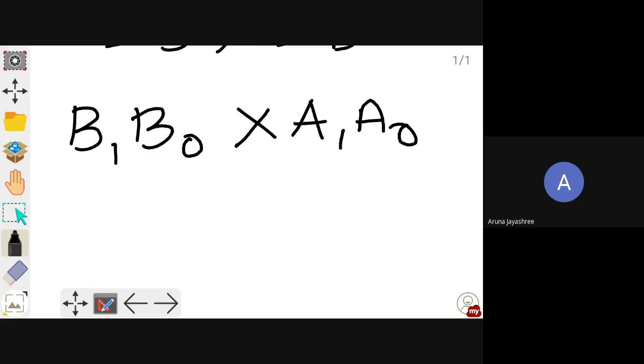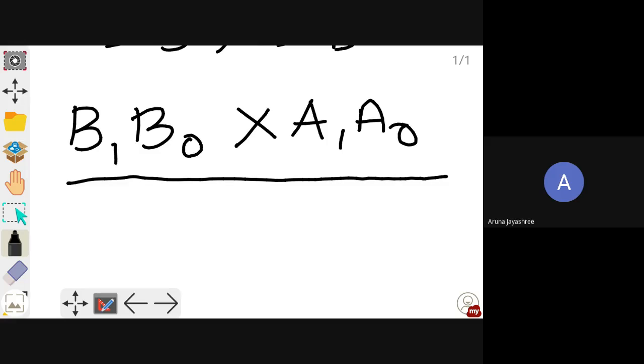B1 B0 is one 2-bit number and A1 A0 is another 2-bit number. So you are going to multiply these two numbers. How will you multiply? The same procedure.